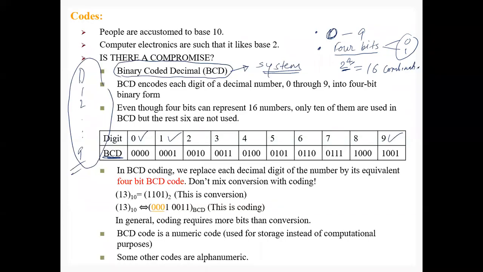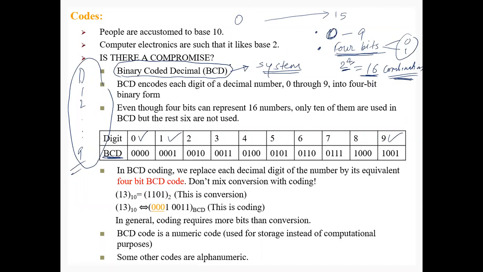So by using 4 bits, we can represent 16 numbers. In principle, you could represent 0 through 15.